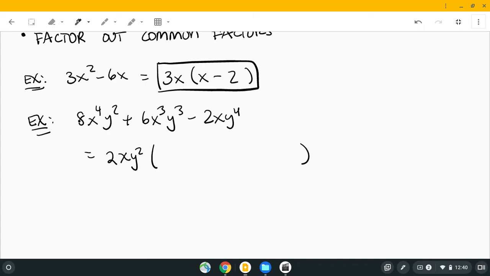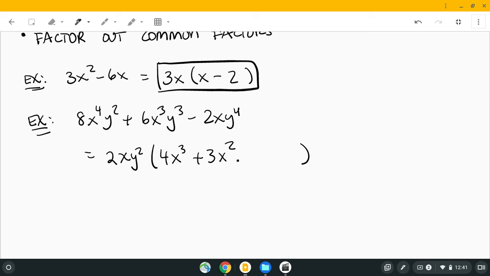2 times 4 is 8, and x times x cubed will give me this x to the fourth, and y squared times 1, so I don't need anything there. And then the next term, 2 times 3 will give me 6. x times x squared will give me x cubed.